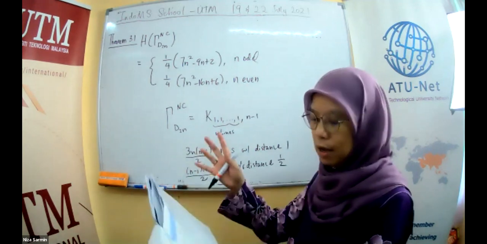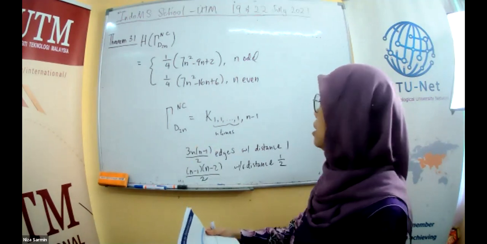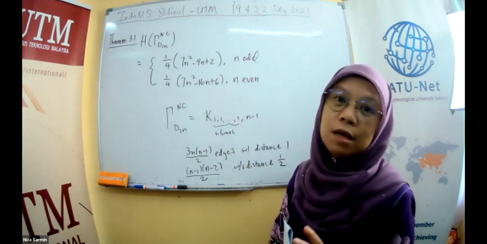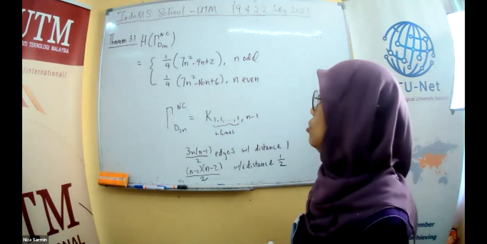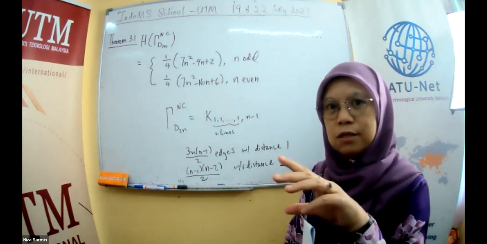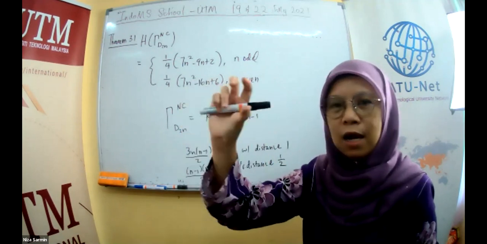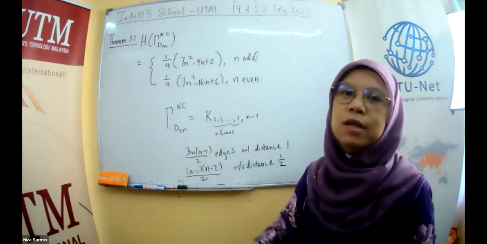You add up all these reciprocals and you get exactly this. This mainly comes from the fact that the non-commuting graph of the dihedral group is multipartite. So you understand how the graph is, separate it, and find the edges.